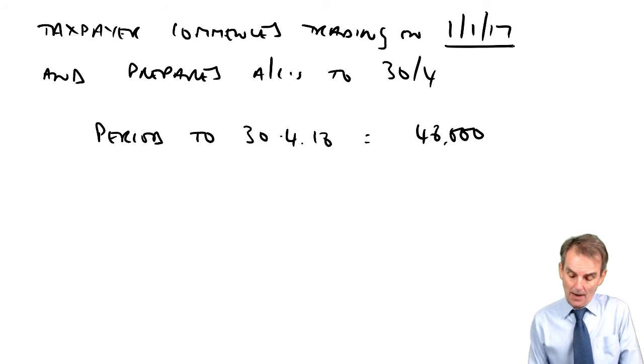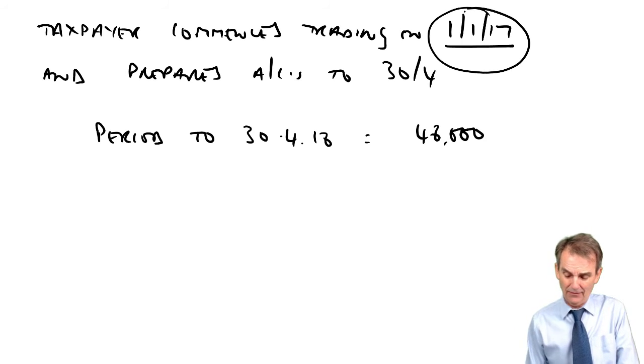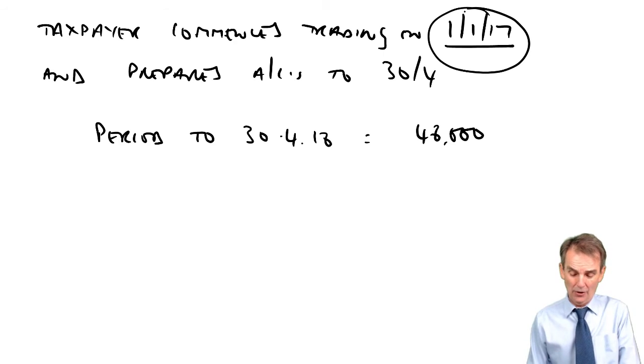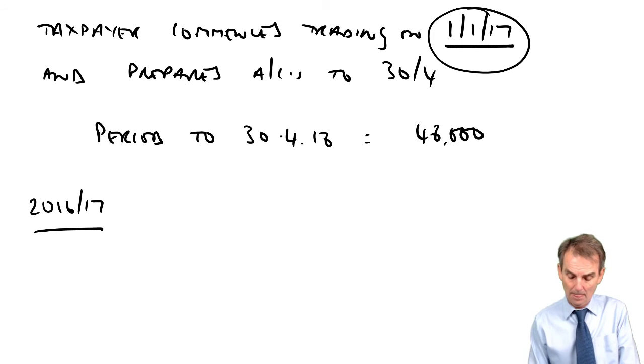Okay, hopefully therefore, when we see that we've got that opening period to the 30th of April 18, we started on the 1st of January 17, what will we now do in terms of our opening years? Start date falls in the 2016-17 tax year. Basis of assessment, as it always is, must be sick and tired of writing this out now, actual.